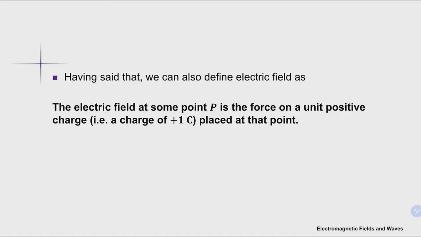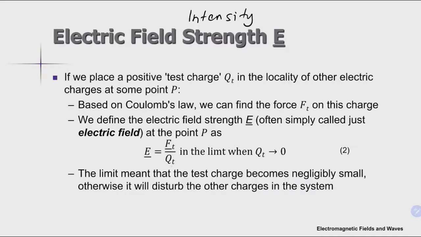Going back to these equations, if I put Qt equals 1 coulomb, then my electric field simply equals that force, because then my E will be equal to Ft, because Qt is 1 coulomb.